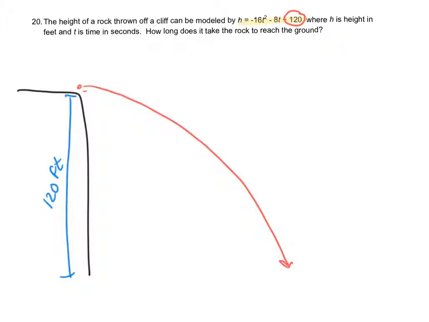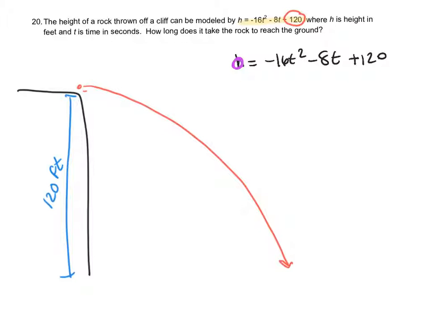And the negative 8 is representing the velocity at which the rock was thrown. So they want to know, if h is representing the height and t is the time, how long does it take to reach the ground? So if I look at my equation, what they're asking me to find is the value of t when the height is 0, because that's when I'm no longer up in the air.